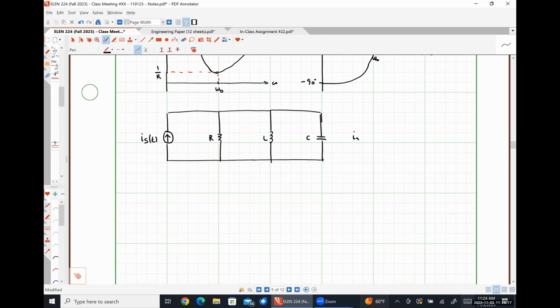Let's say that i_S(t) is equal to I_M cosine omega naught t. So we're explicitly exciting this thing at the resonant frequency.